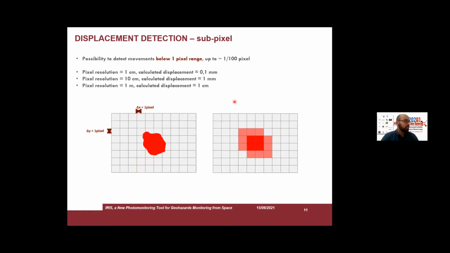Thanks to the displacement detection process, we can also detect movement below the 1 pixel range. That means that we are able to detect movement up to 0.01 pixels, so a lot.